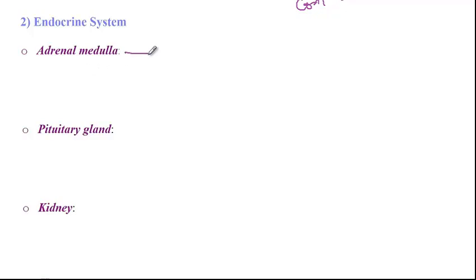So basically, norepinephrine and epinephrine. So you might have noticed that SNS uses norepinephrine as its neurotransmitter. Adrenal medulla also uses norepinephrine as a hormone, not as a neurotransmitter. Here it uses it as a hormone because it releases norepinephrine into the blood, and that's why it's called hormone. And adrenal medulla also uses epinephrine for regulation of blood pressure.